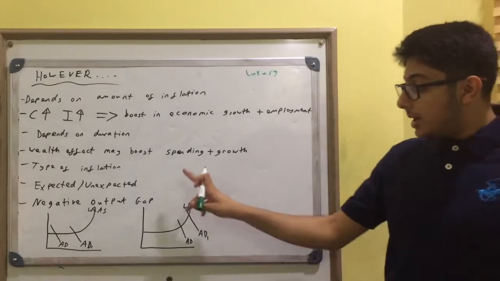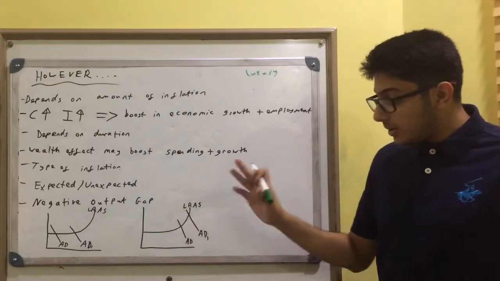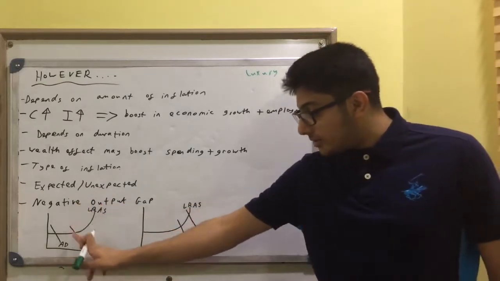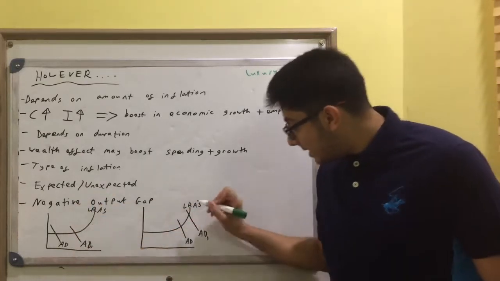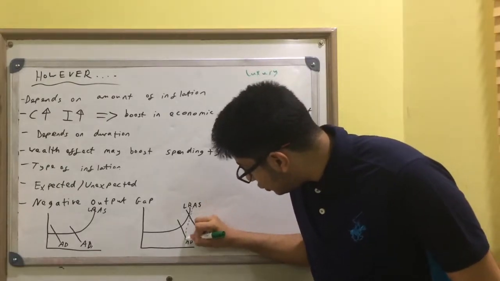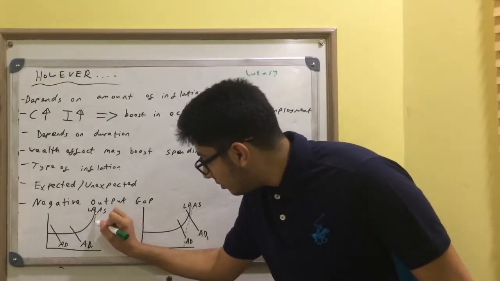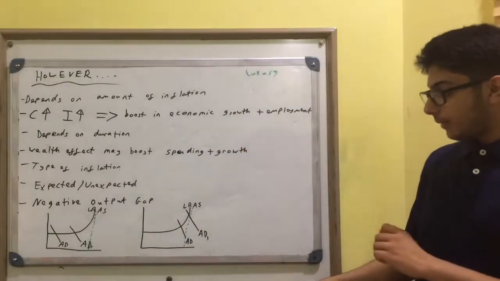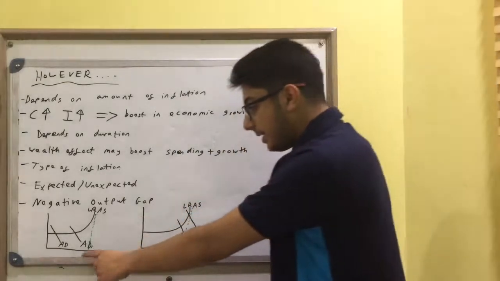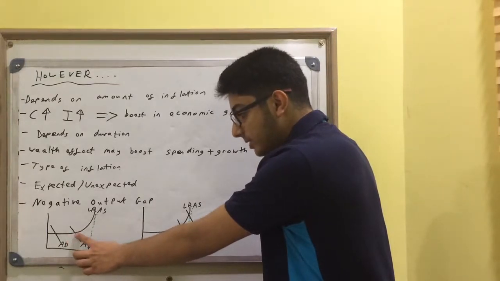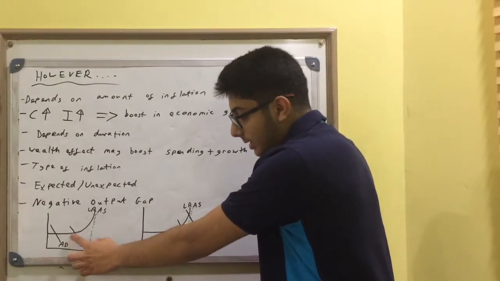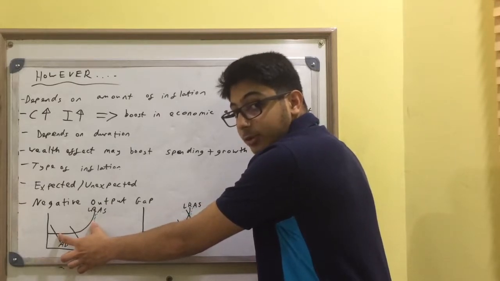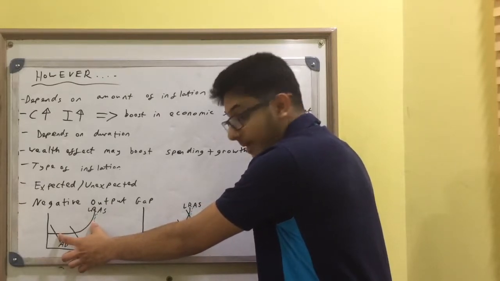Now, the negative output gap, the spare capacity, the gap between the actual output and the potential output, shown by the green dotted line, Y star. Here, the negative output gap, we start here, is big. A big negative output gap. A lot of spare capacity.